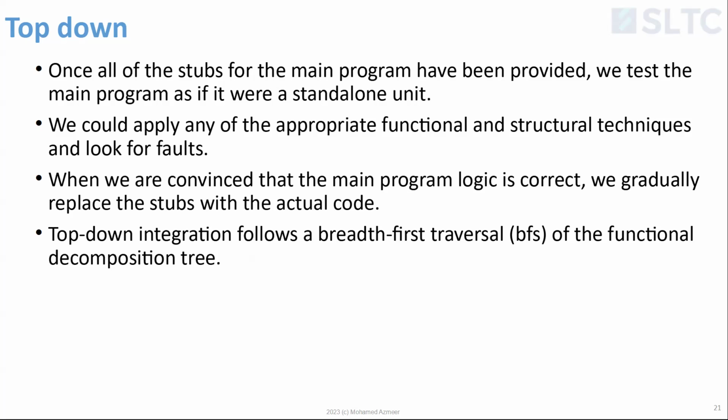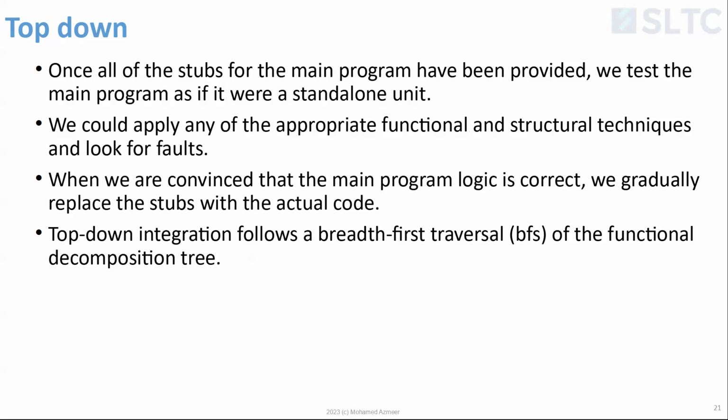Okay, so we can apply any functional or structural technique to look for faults. So the example I gave you was a menu program, right? You display the menu and then you give a selection and then you expect to see a certain thing coming out. So if we think the main program logic is correct, we replace the stuff with the actual code.